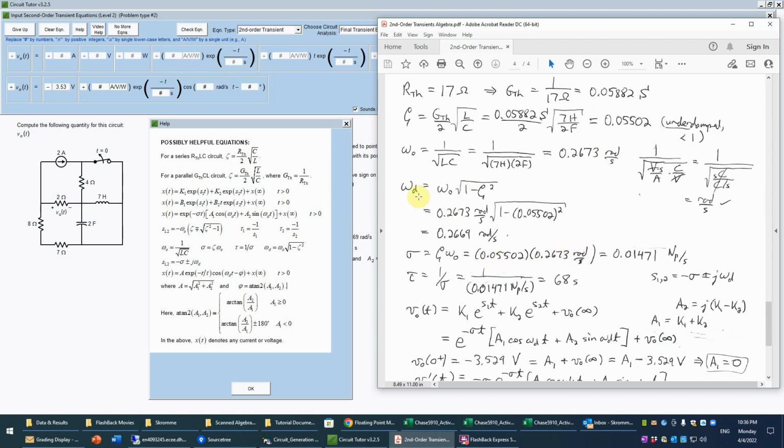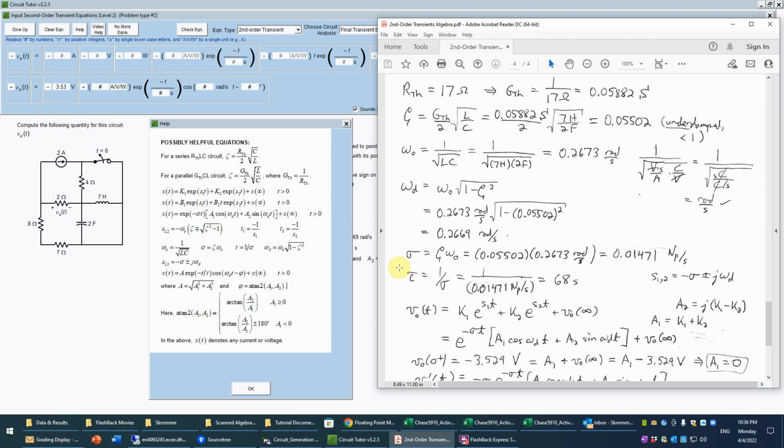Again, don't confuse that with omega d, because those are different numbers. They're rather close here, but they're not the same. Multiplying those two together gives me, on a calculator, 0.01471, and I'm calling that nepers per second. You say, well, it's radians per second, but because this is now in a real exponential, it's normally called a neper rather than a radian, even though omega would be called a radian.